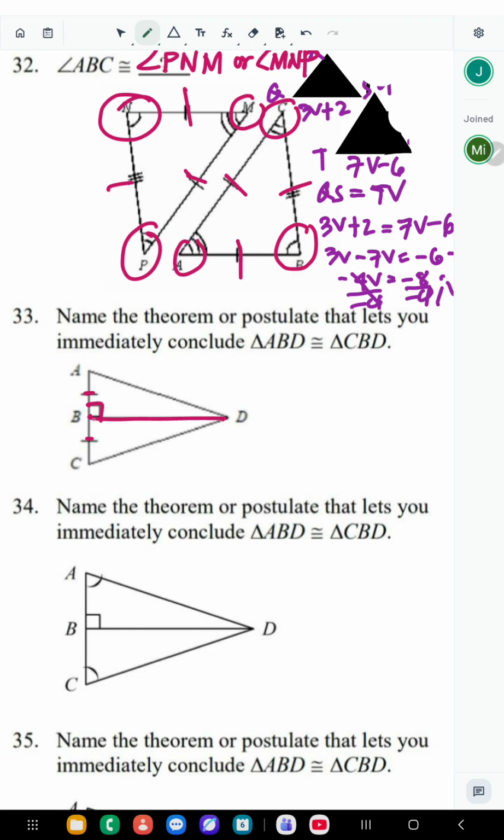We have side, included angle, so there'll be side, angle, side. The angle bisector is here, but it doesn't bisect an angle. Okay, so SAS.